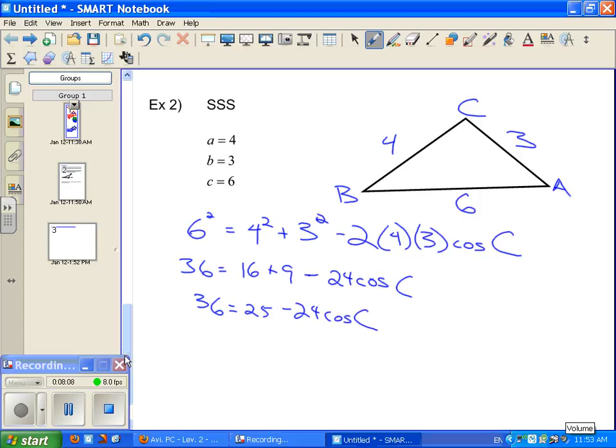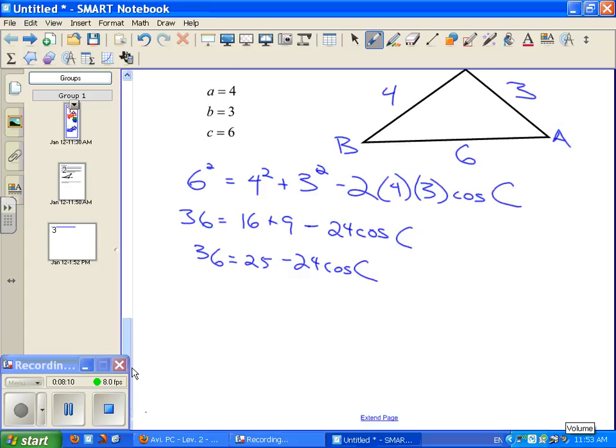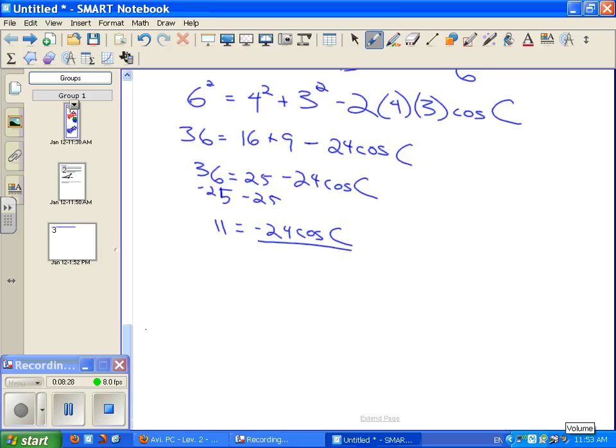Now what? Now I have to start getting this c by itself. Subtract 25. So now I've got 11 equals negative 24 cosine of c. Can you divide by 24? Yep. Divide by negative 24.